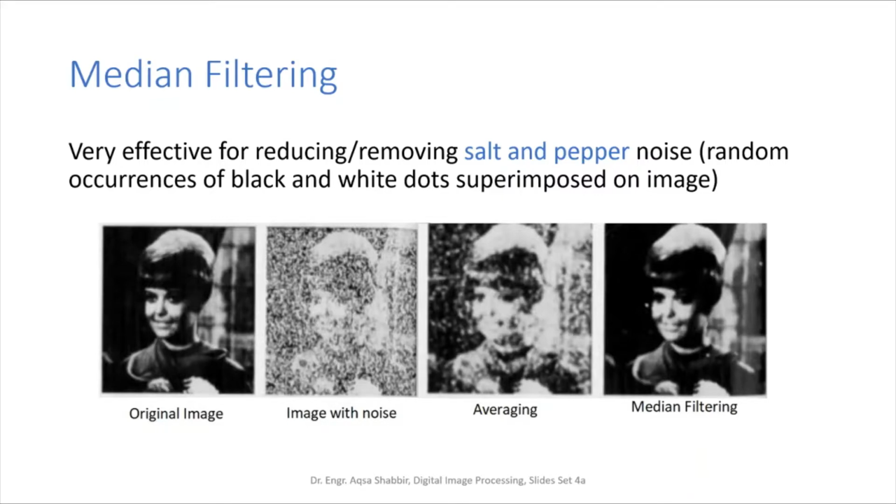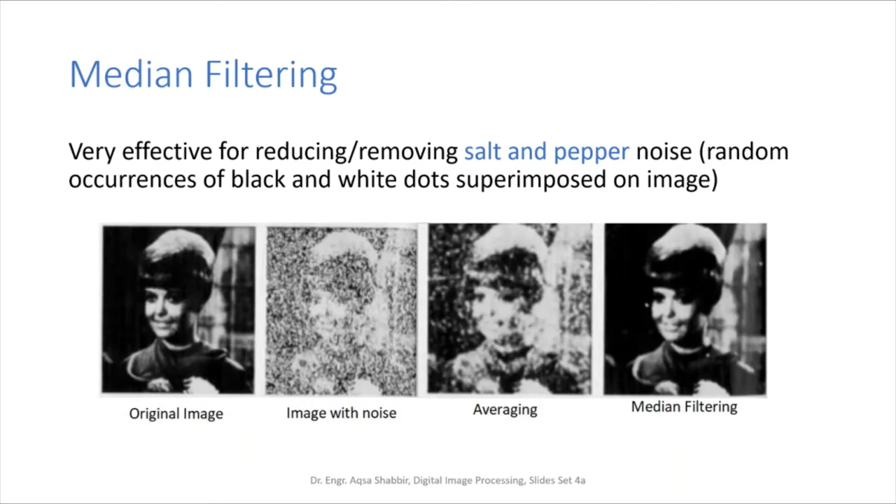Now, the figure on the left is the original image. The next figure is the original image that has been degraded with salt and pepper noise. As you can observe, the salt and pepper noise is a mixture of black and white dots that have been superimposed on the original image from the left.